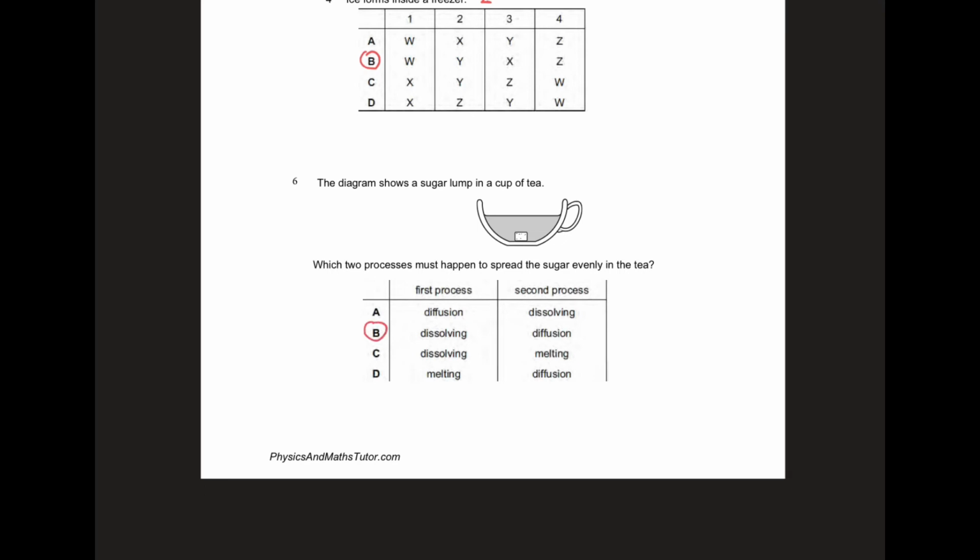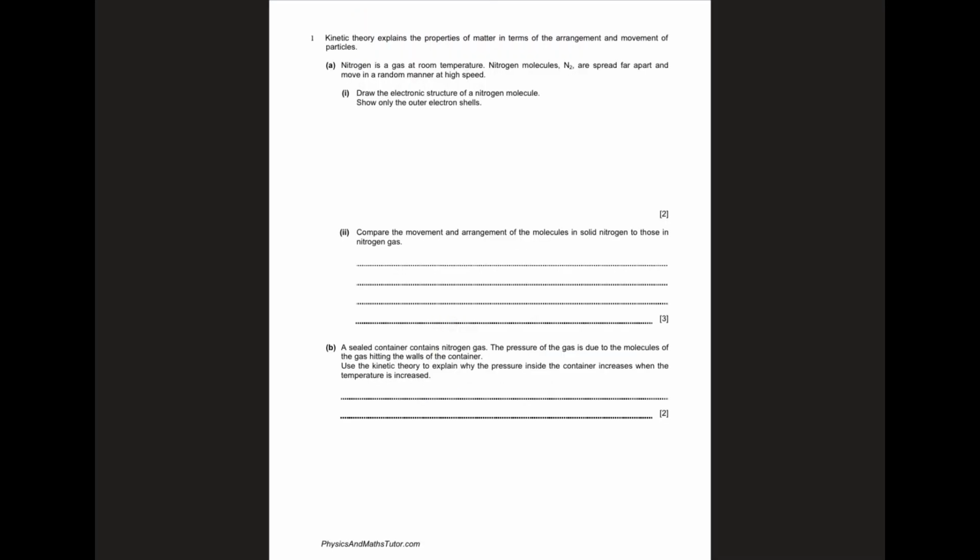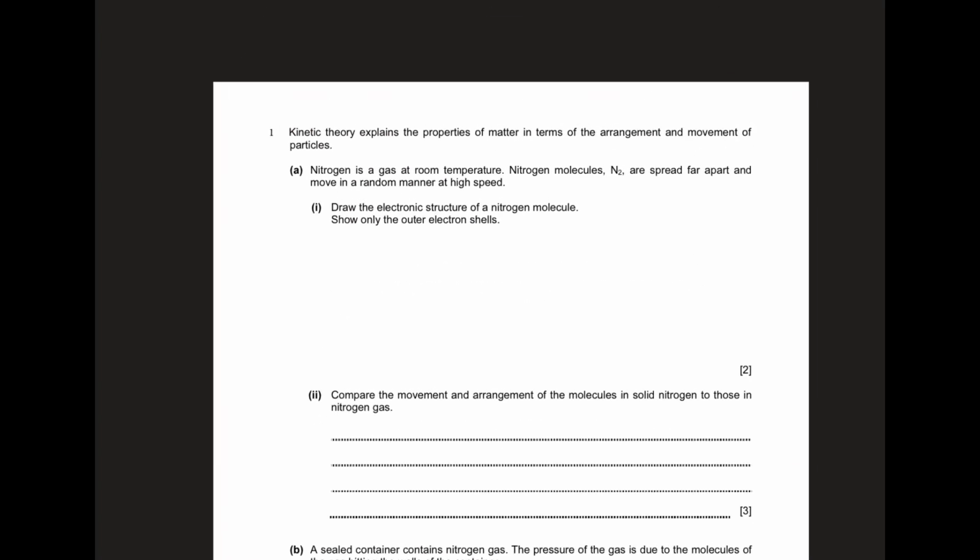Okay, now let us see some paper 4 questions, which means the structure questions. Okay, so this question 1, kinetic theory explains the properties of metal in terms of the arrangement and movement of particles.